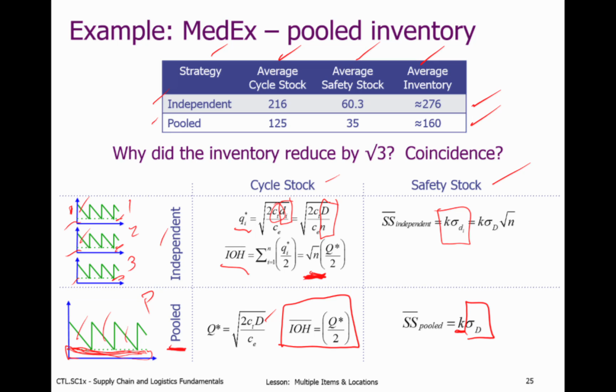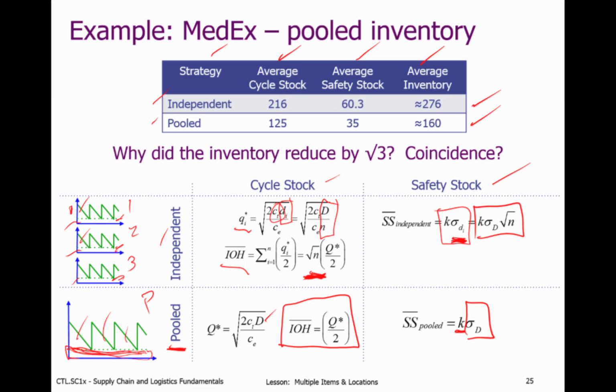What you're doing is you're taking the standard deviation and breaking it down into the individual ones. So that would simply be the square root of n times that total demand. Again, because it's like summing the variances, and then I take the square root of that to get the standard deviation. Same thing here.